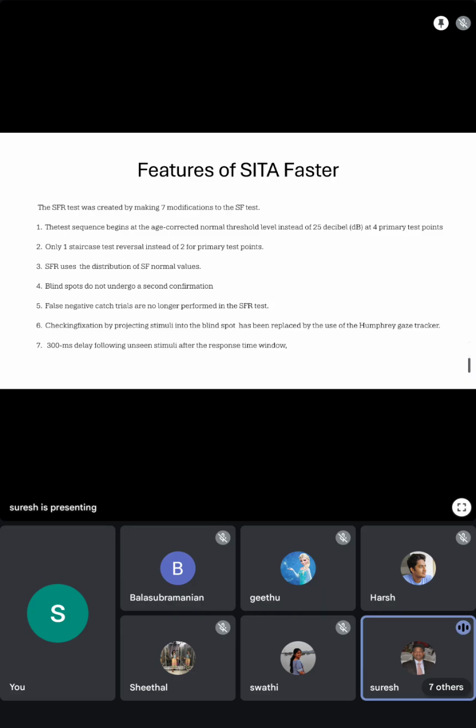Every time the machine tries to find out whether you are trigger happy or not, those catch tests are no longer performed in SITA Faster. And finally, whenever the person doesn't respond, there is a 300 millisecond delay which is given so that the bleaching happens and the patient starts responding. That is now shortened. All these changes are made for SITA to become SITA Faster.